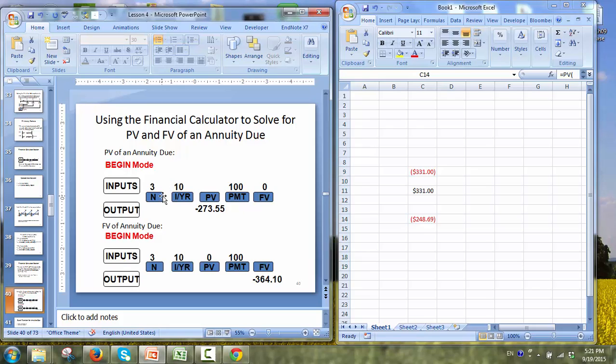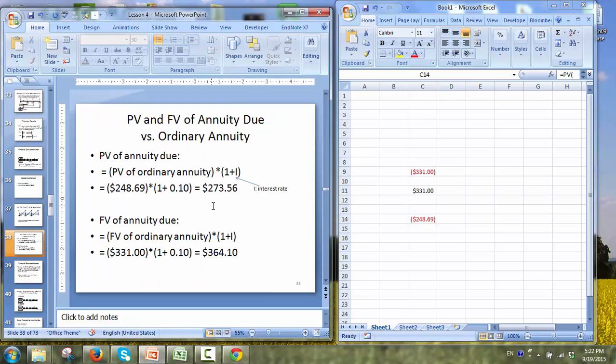Then input the same inputs as you did with the ordinary annuity, but as you see, your results will be different. Now your present value will be 273 and your future value will be 364. This is consistent with your result over here.